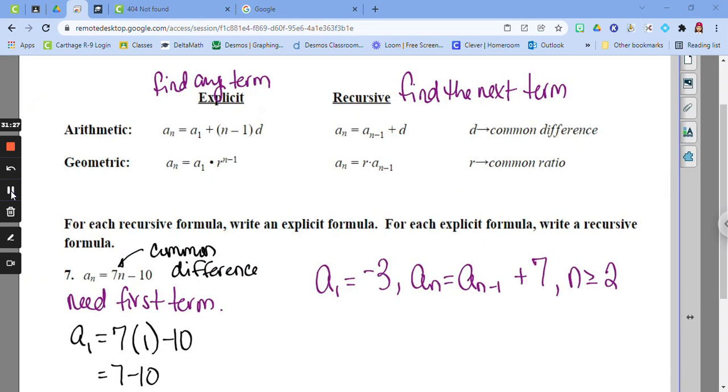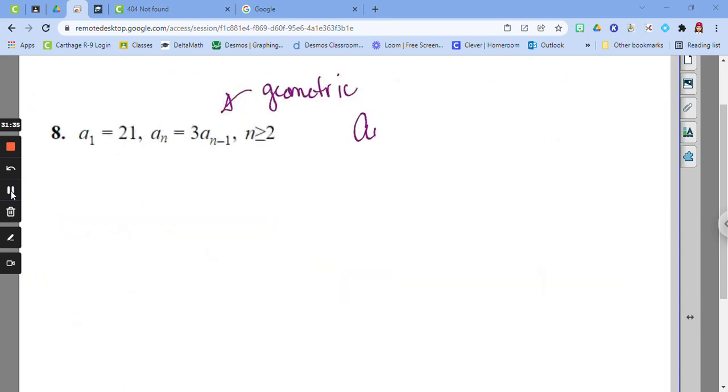First term times r to the n minus 1. So do I have the first term here? Yeah. And I clearly have r.